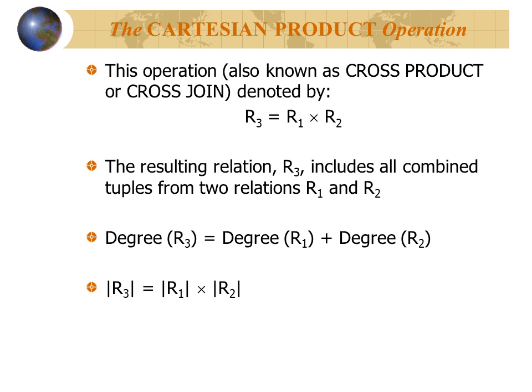Out of that we have the cross product. The Cartesian product is denoted by the multiplication symbol, the cross. R1 is one table and R2 is another table. R1 has some number of attributes and R2 has some number of attributes, and the joining operation works in a combinational fashion.